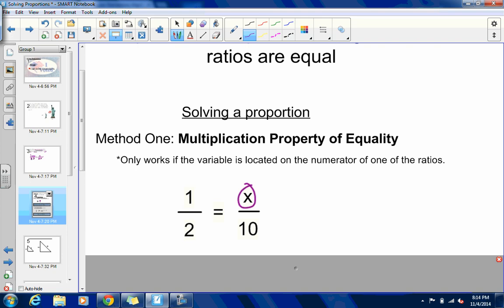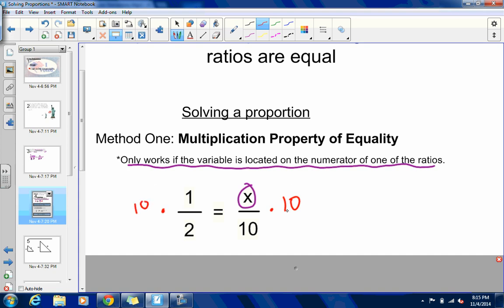And note that the multiplication property of equality only works if the variable is on the numerator of one side of the equation. We have it in the numerator here, so we can try to get rid of this 10. To do so, because this is division, we're just going to multiply both sides by 10.